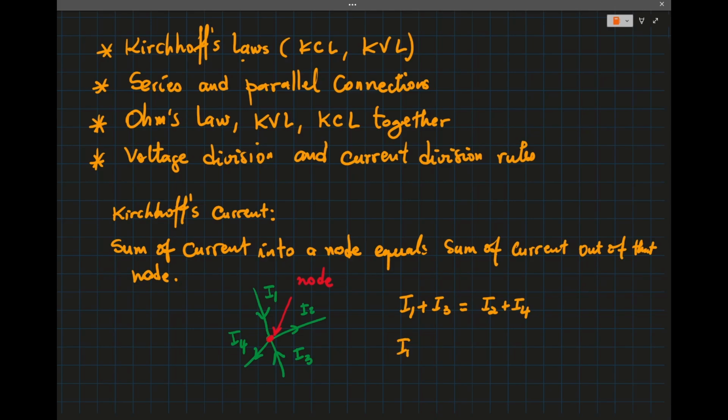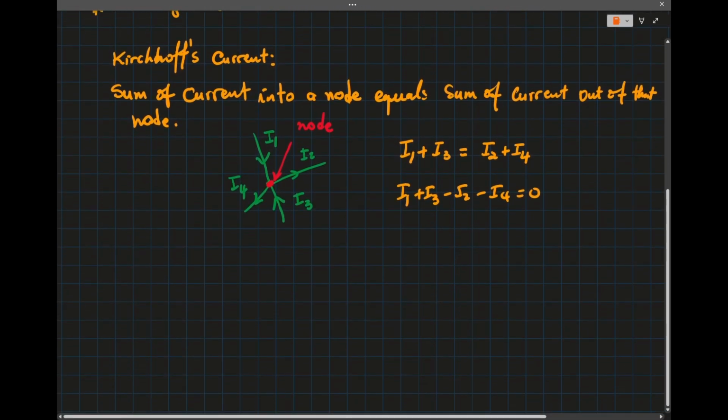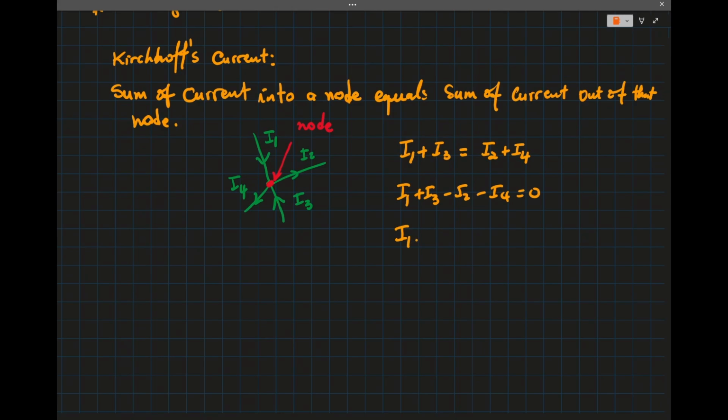So we have I1 plus I3 minus I2 minus I4 equal to 0, which is I1 minus I2 plus I3 minus I4 equal to 0.